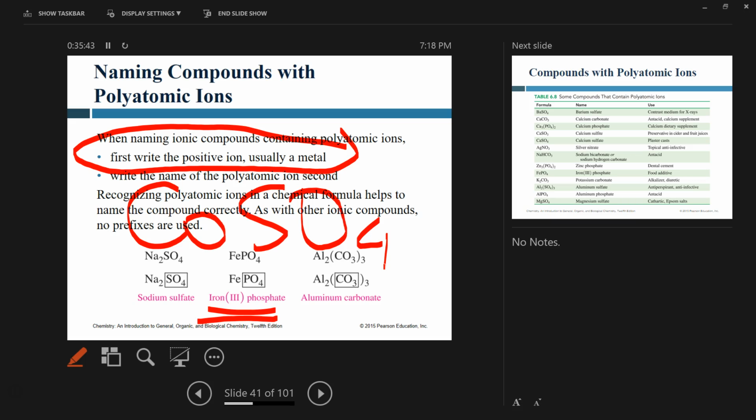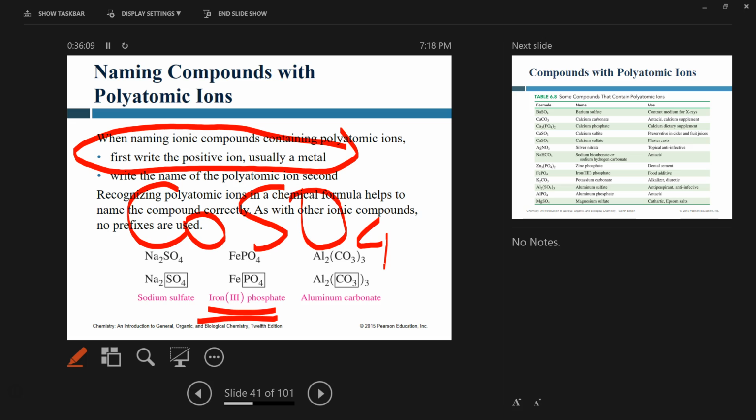What's the charge on sulfate? -2. Sulfate, it's -2. So what should be the charge on cobalt? +2. So how should you name it? Cobalt 2 sulfate. Does that make sense?